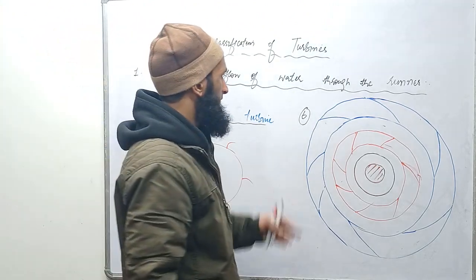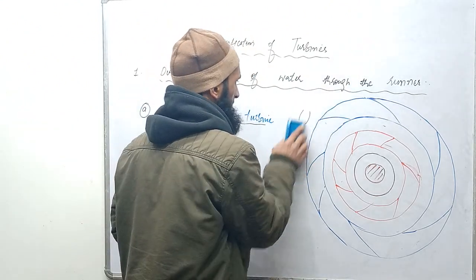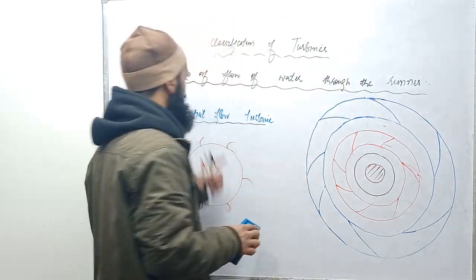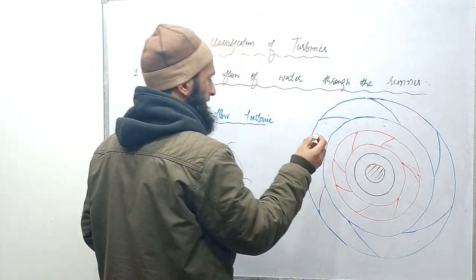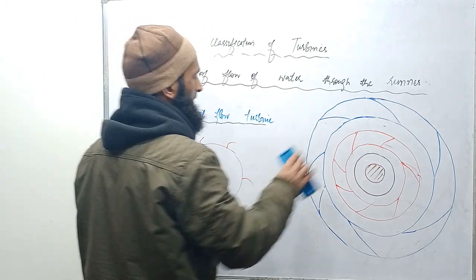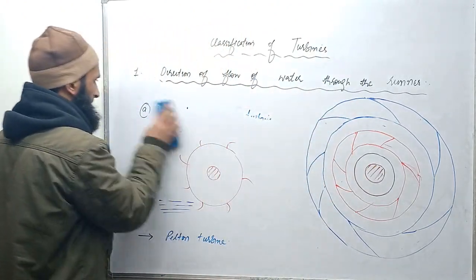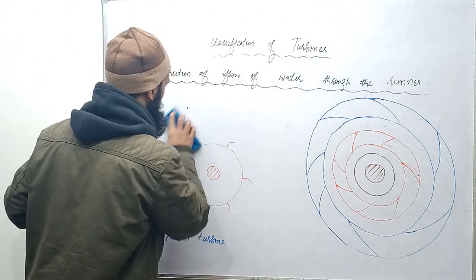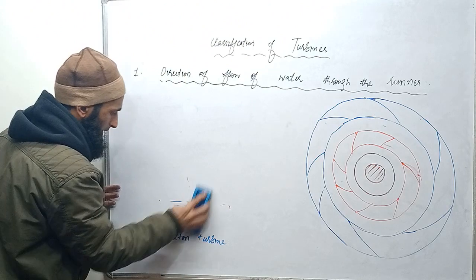So second, B category is radial flow turbine. So I am going to rub this. This was the first category, that is tangential flow turbines.